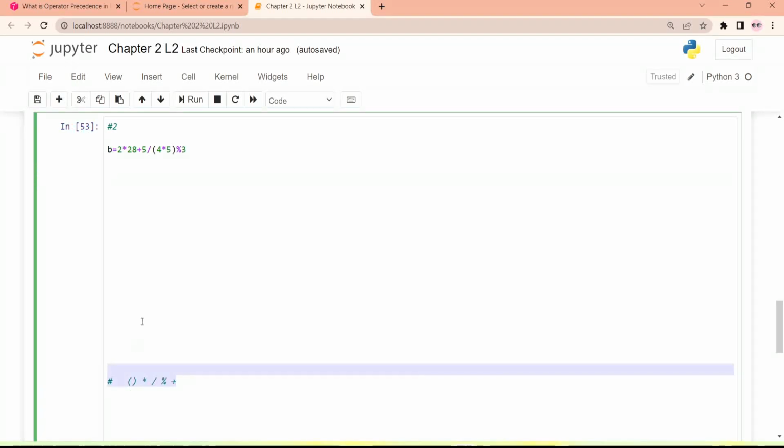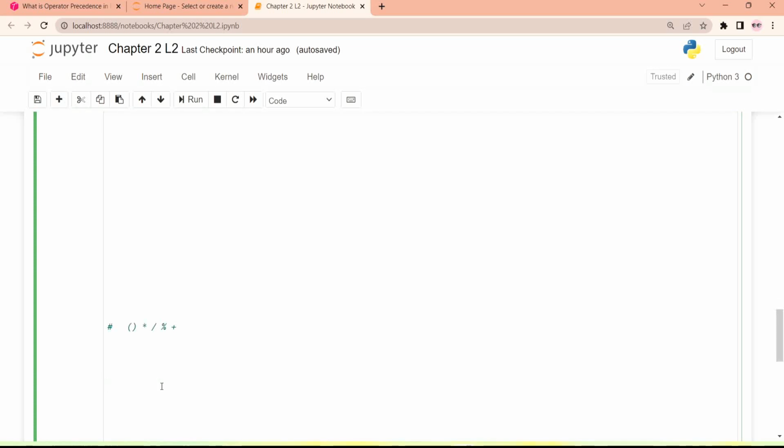You can see here, first is parenthesis, second is star because of left to right operation. After that, 5 divided by 4 into 5, that is 5 divided by 20. Then modulo 3. After these are evaluated, addition takes place between the results. The same steps I have shown here.